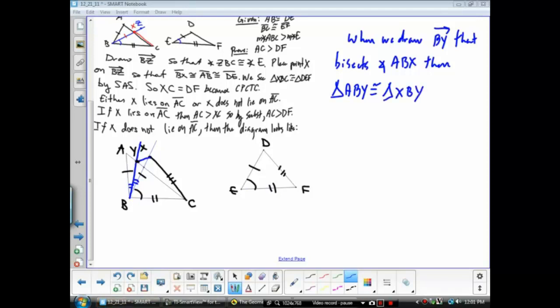And that would be because they have a shared side BY, they have congruent angles, and BX and BA are congruent. So by side angle side, which means AY and YX are congruent.